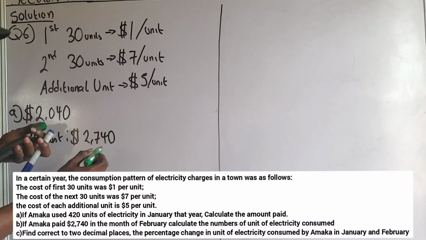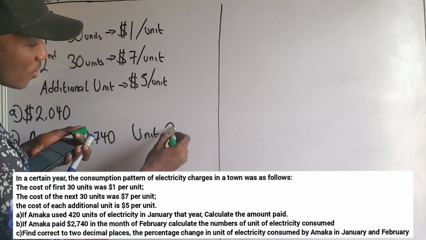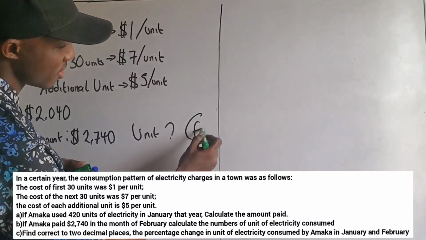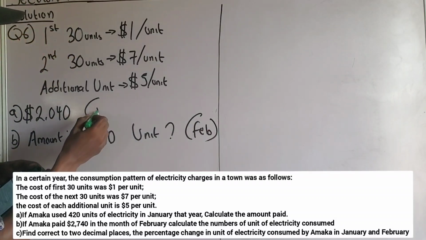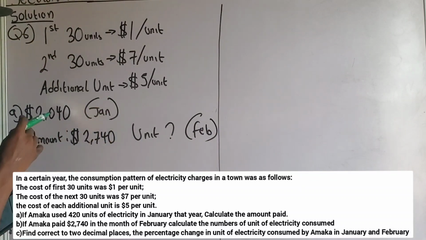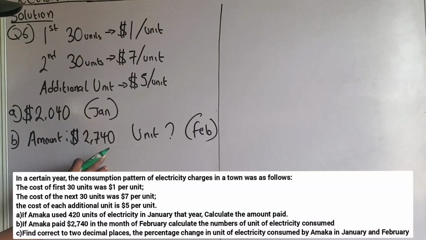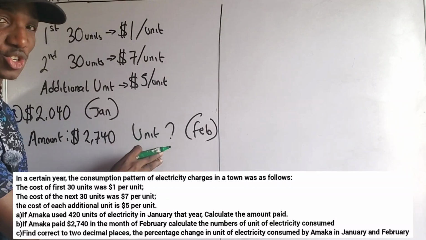Now we are looking for the units of electricity that she consumed in the month of February. Okay, this one is for January. This is the amount that she paid for 420 units of electricity in the month of January. So now we are given the amount that she paid for the month of February. We are looking for the unit of electricity that she consumed.